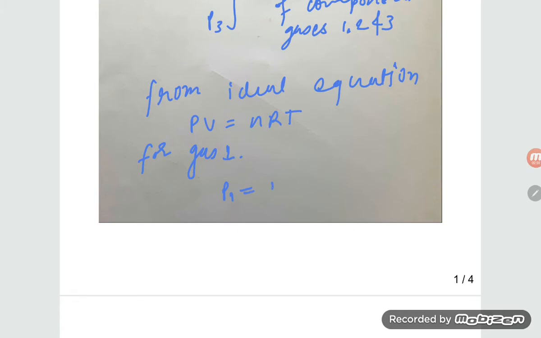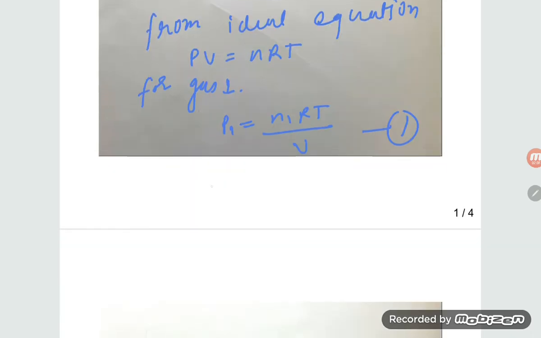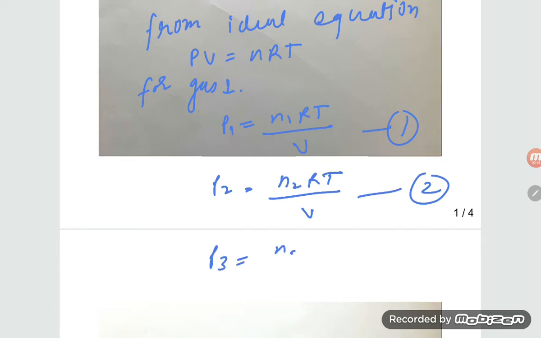So P1 is equal to N1 RT by V. This is because volume is fixed, students. P2 is equal to N2 RT by V, and P3 is equal to N3 RT by V. These are equations 1, 2 and 3.